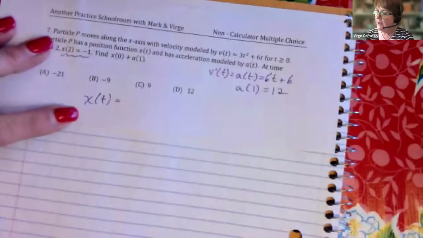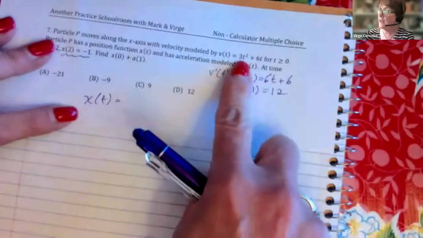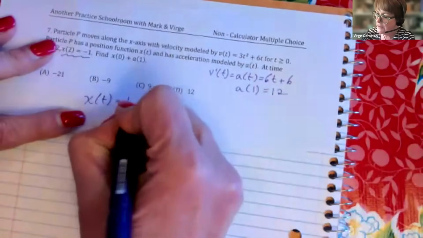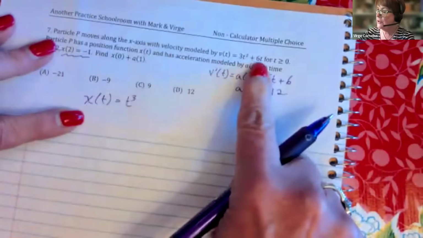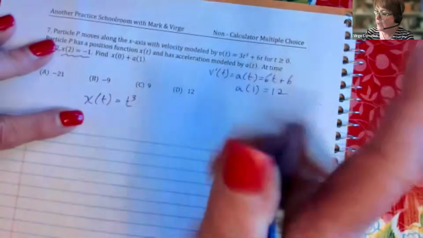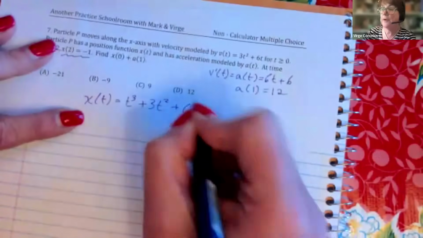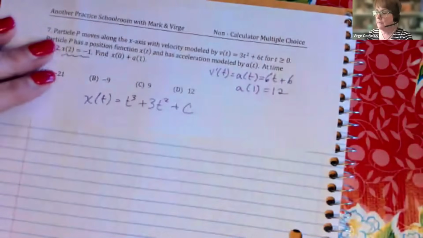So, anyway, all right. For x of t, I have to go backwards because the position function is the antiderivative of the velocity function. But this is pretty friendly. You can think about whose derivative is 3t squared. It's got to be t cubed. Whose derivative is 6t? It's got to be 3t squared. And then plus some unknown constant of integration.